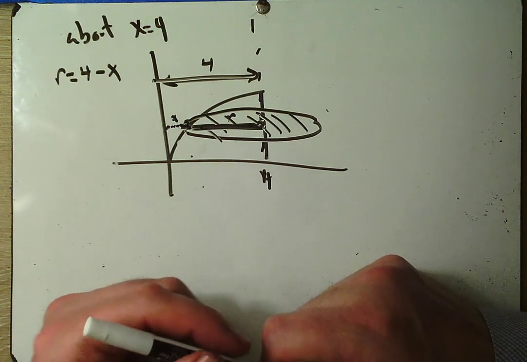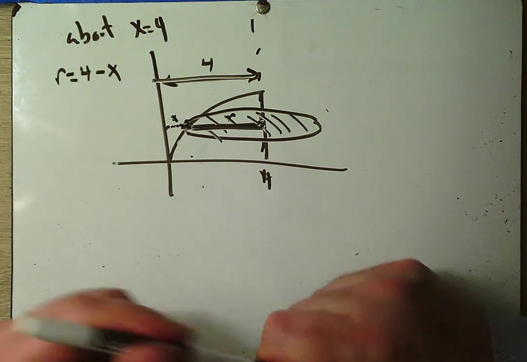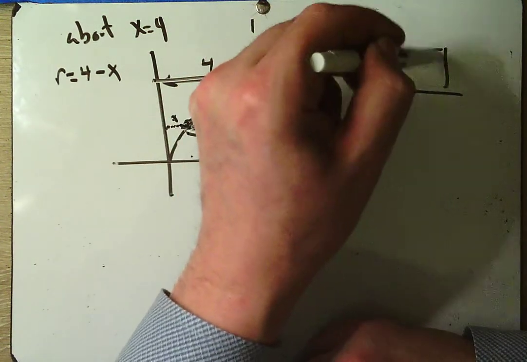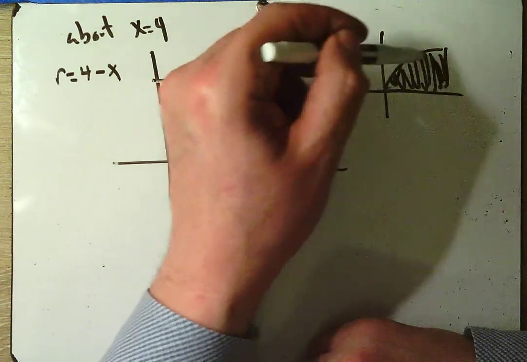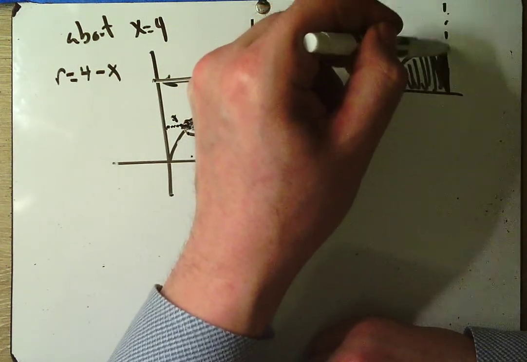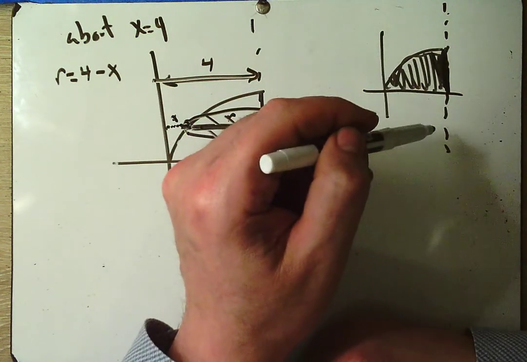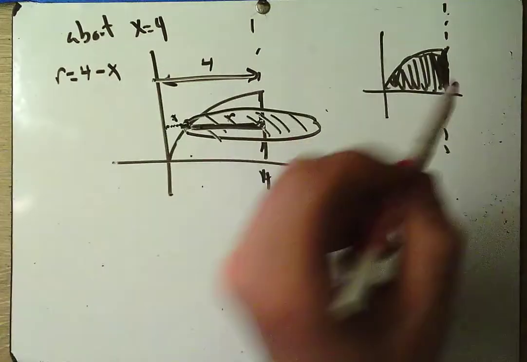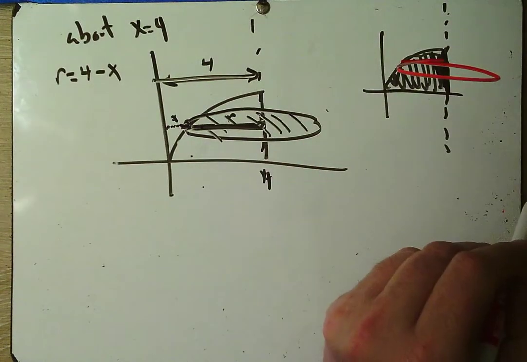Whenever our region, and by region I mean square root of x in this case, lines up along an axis of rotation, we end up with not a washer, but a circular disk.